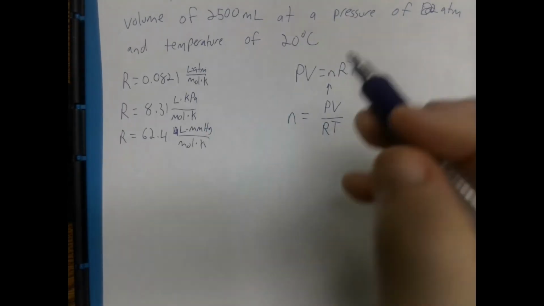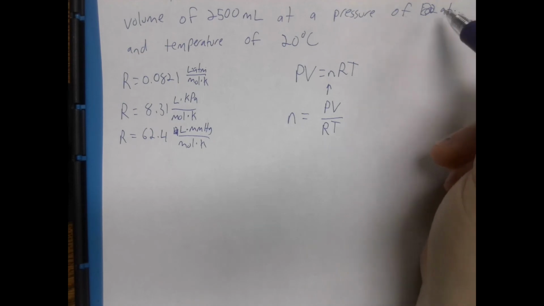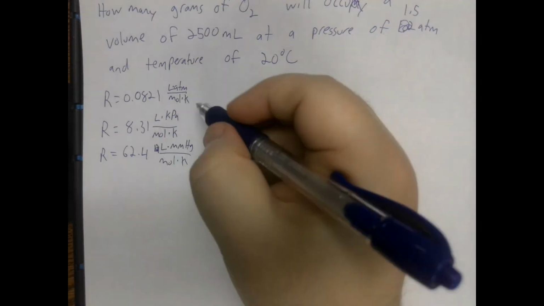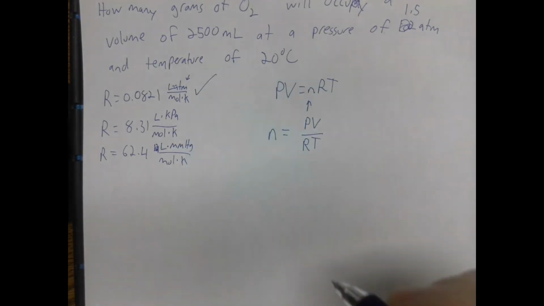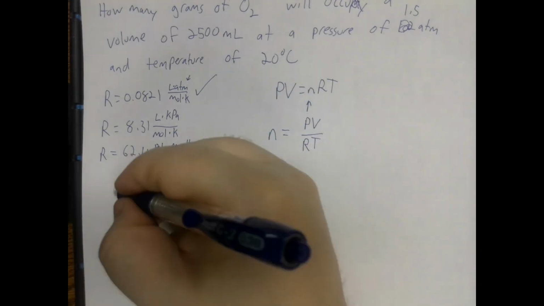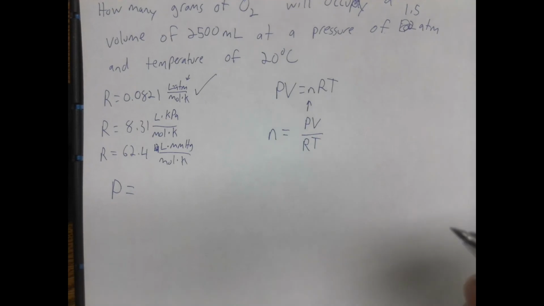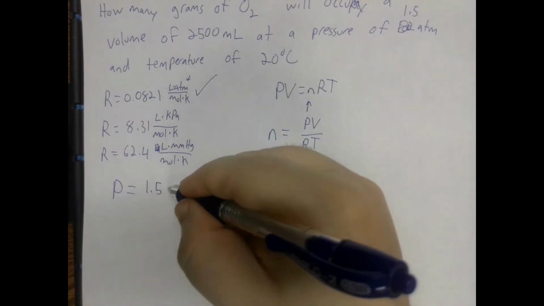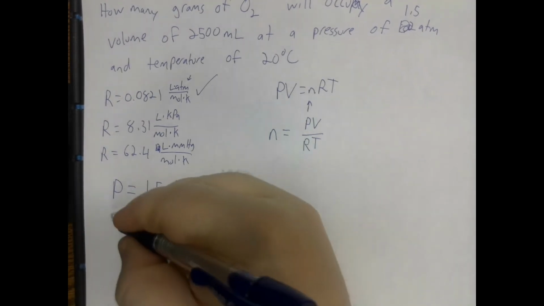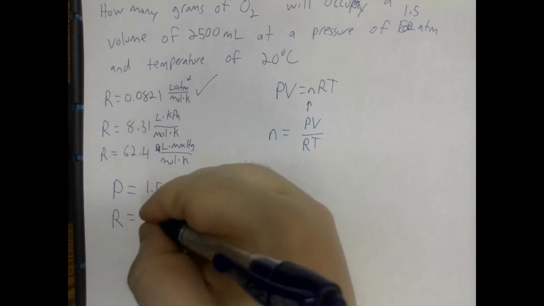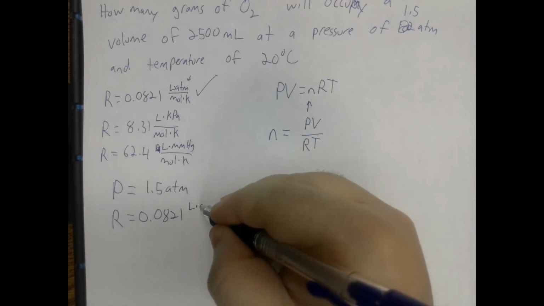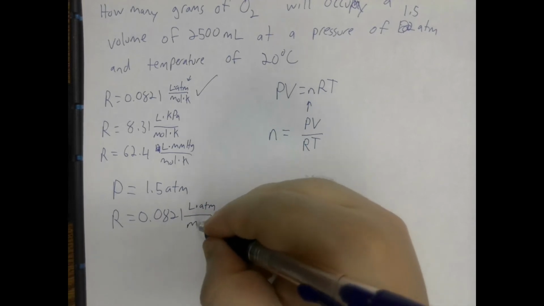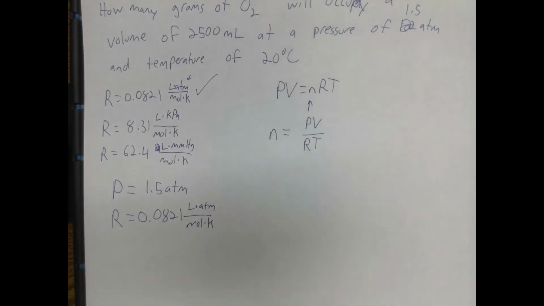So since we're given a pressure in atmospheres, we need to use this one because it's in atmospheres. So our pressure is 1.5 atmospheres, and thus we should use an R value of 0.0821 liter atmospheres per mole Kelvin.